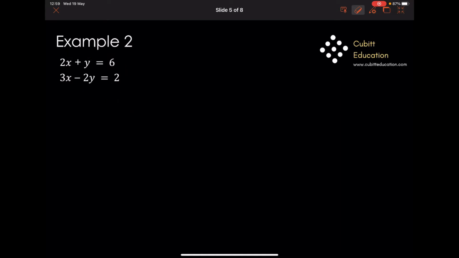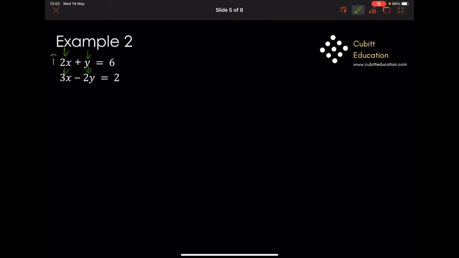And the reason for that is because these coefficients in front of the x and in front of the y are different. They need to be the same, or at least one of them does anyway. So what we need to do is decide what we're going to do to those equations in order to make either the x coefficients the same, or the y coefficients the same.